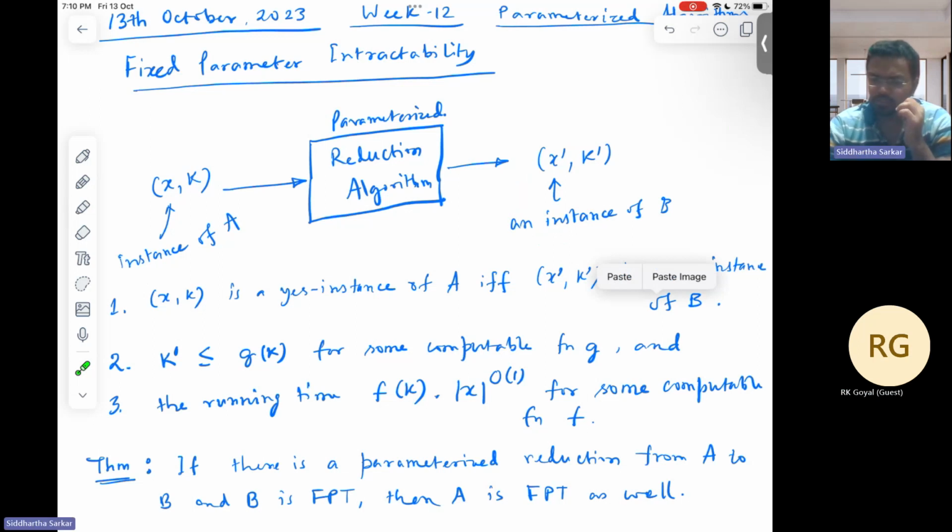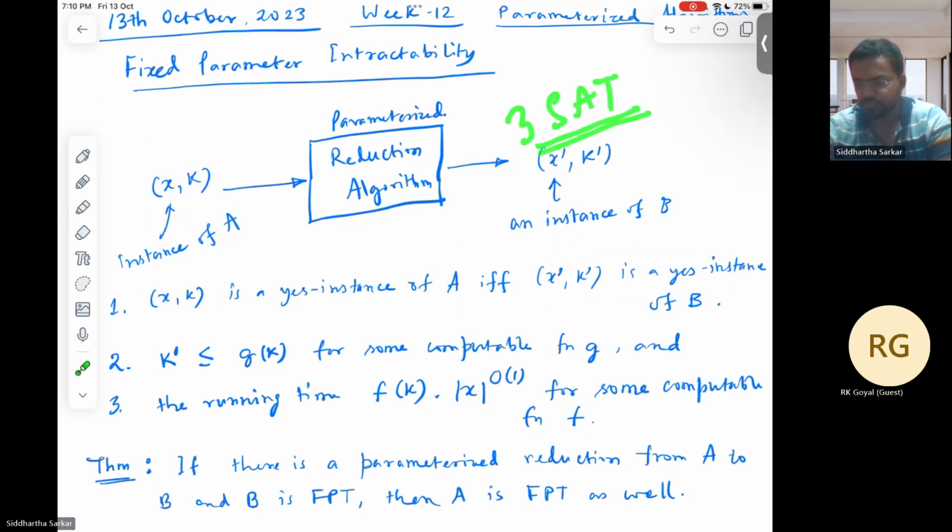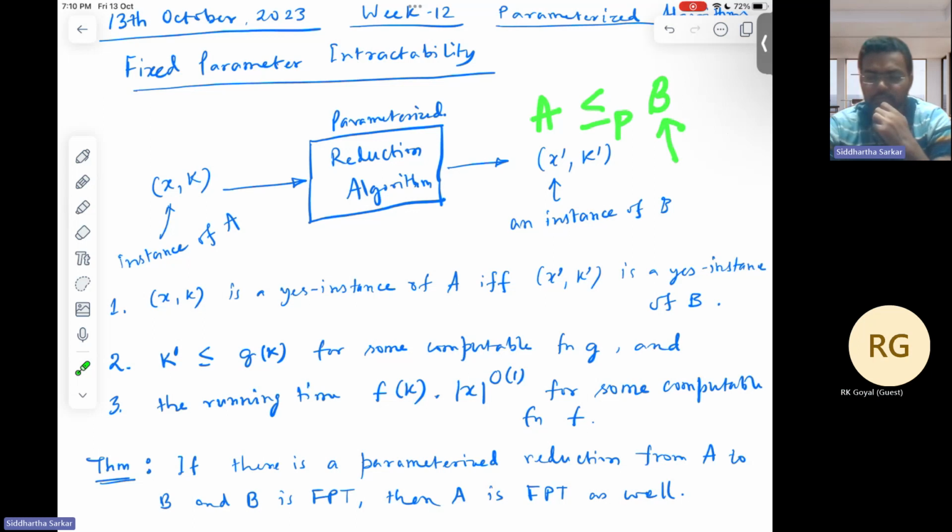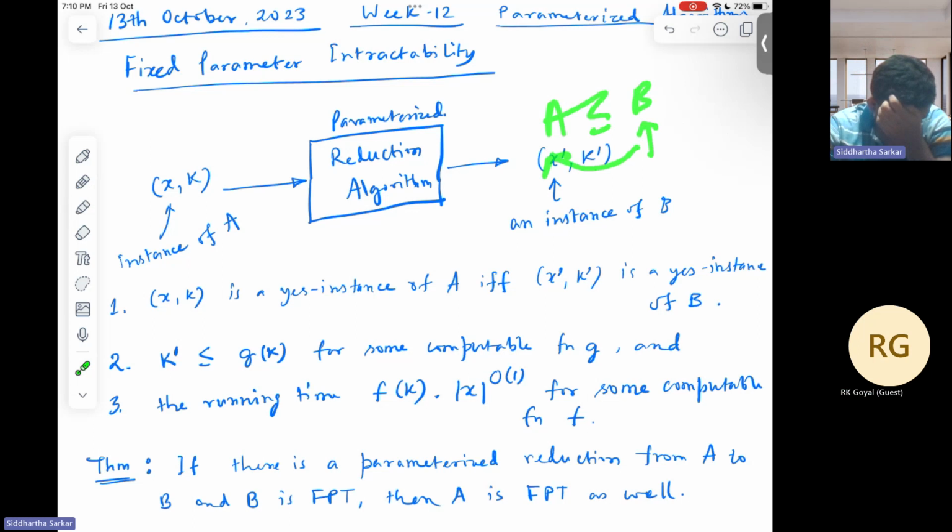Generally, we reduce from known NP complete problems like 3-SAT or independent set. If A is polynomial time reducible to B and A is NP complete, then B also is NP complete. So the problem B is at least as hard as the problem A, because A is getting polynomially reduced into B. If somebody can solve B in polynomial time, that would mean A is also solvable in polynomial time, which is a contradiction.